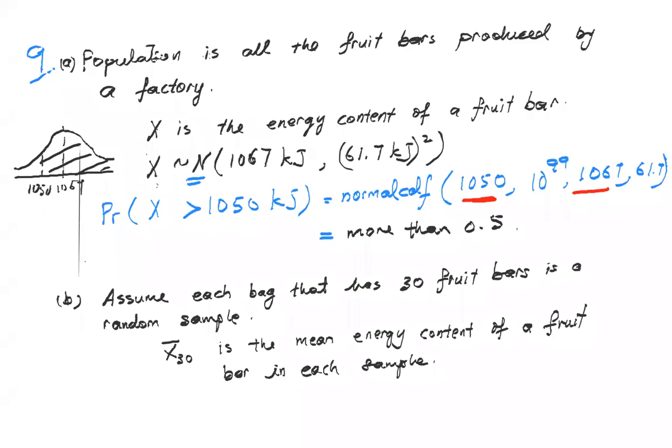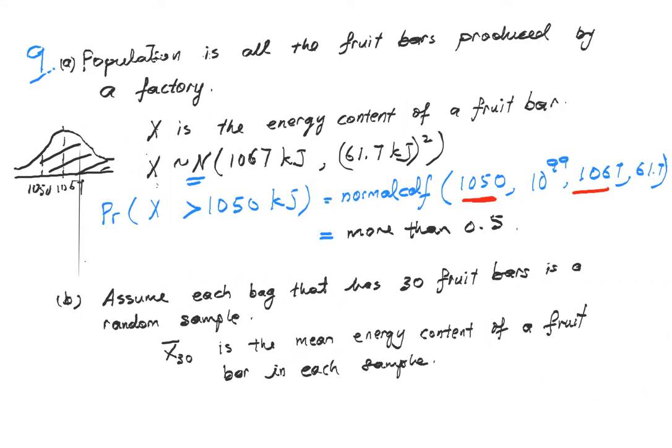They did sell as an individual fruit bar, but they also sell in a bag, or in a pack of 6, in a pack of 30, or whatsoever. So this one is in a bag of 30. So assume each bag that has 30 fruit bars is a random sample.